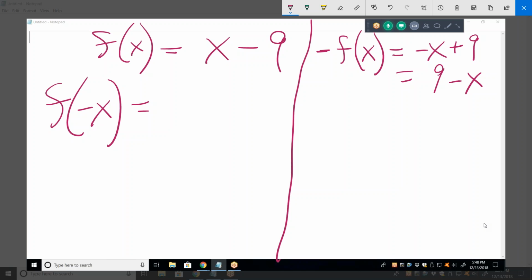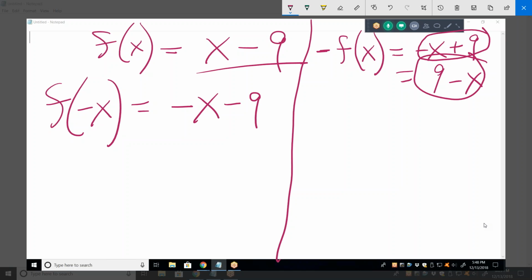Yes, you're absolutely correct. Notice that that is not this. It's not negative f of x, and it's not f of x. So that function is neither. It's got to be either f of x or minus f of x.